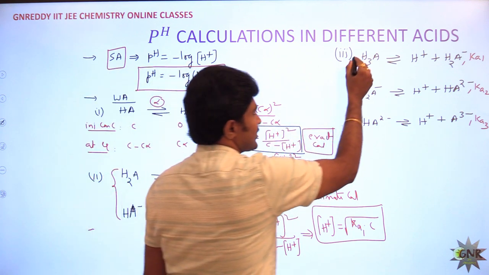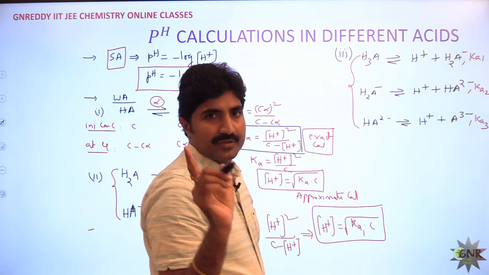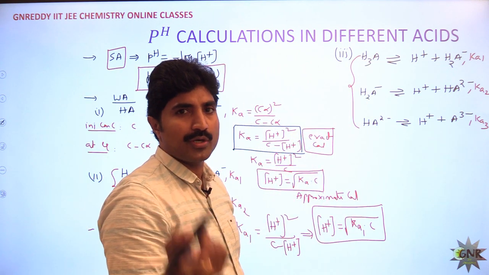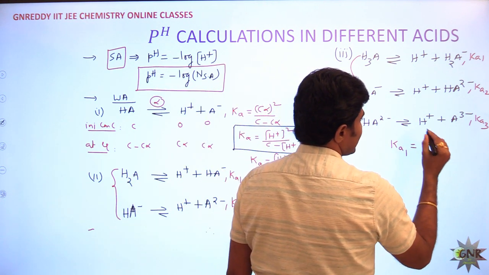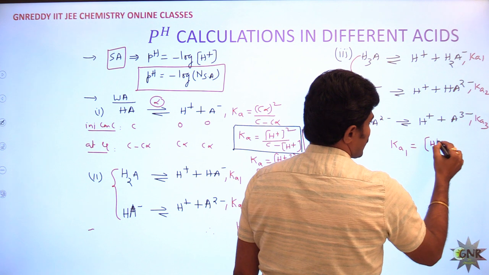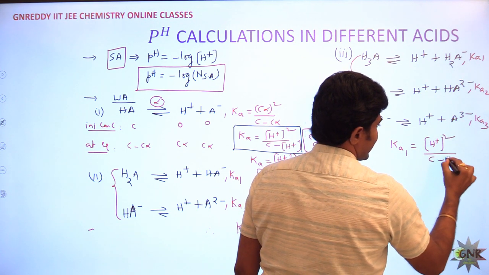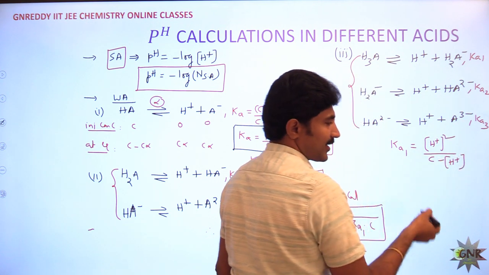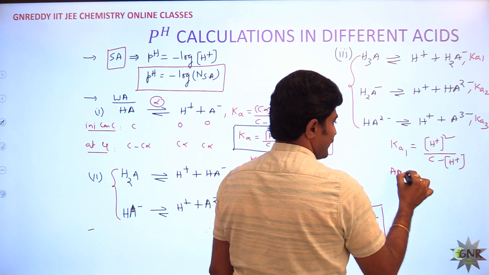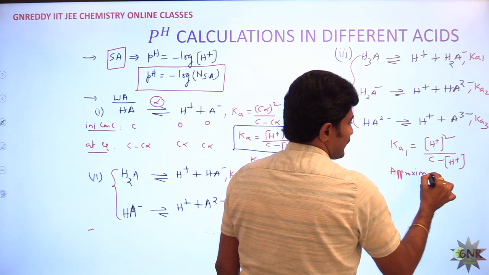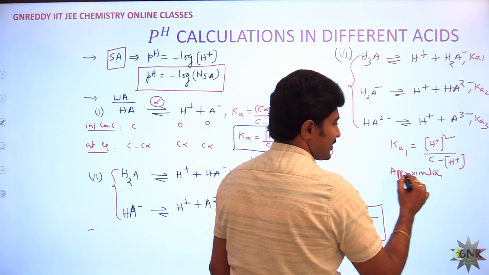Similarly, if you take the weak triprotic acid, it is the same. The first dissociation only gives the overall H plus. Therefore, here also Ka1 is equal to H plus square by C minus H plus. This is the exact calculation. For the approximation, neglect this H plus in the denominator.